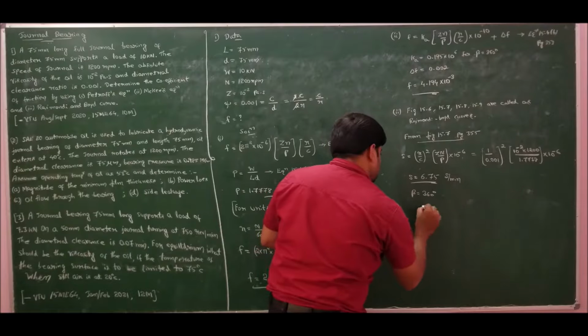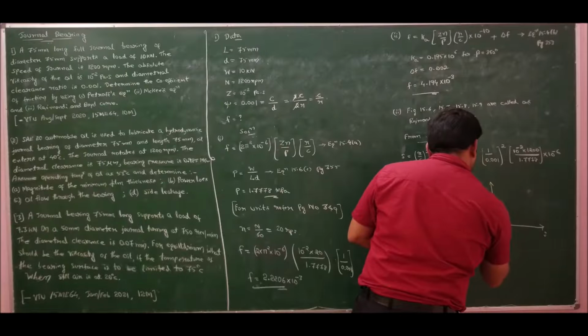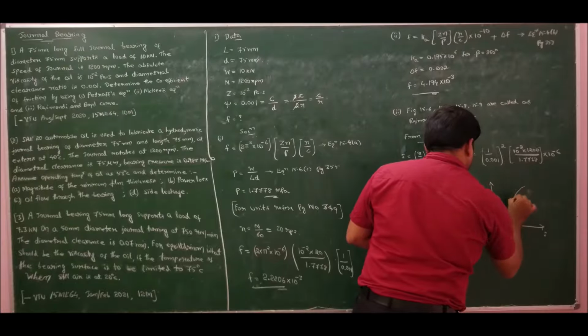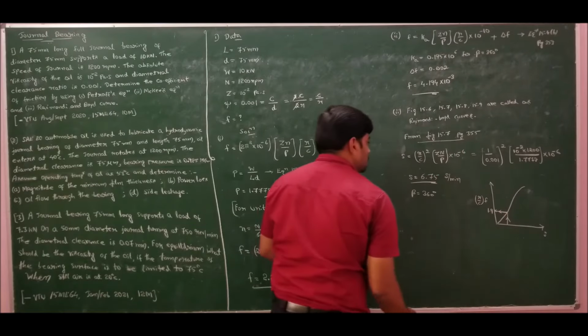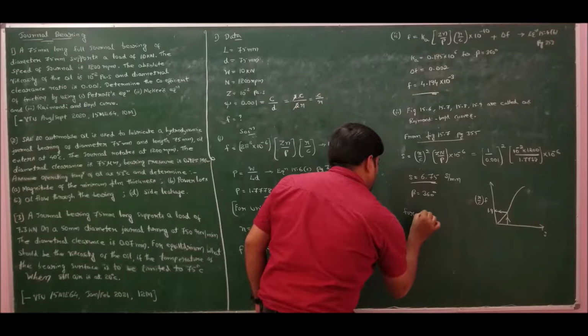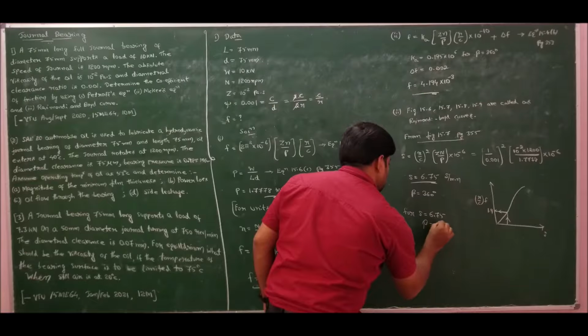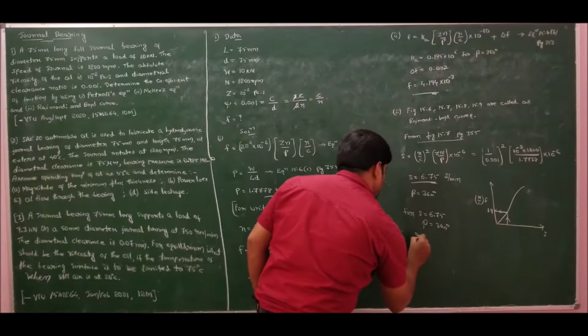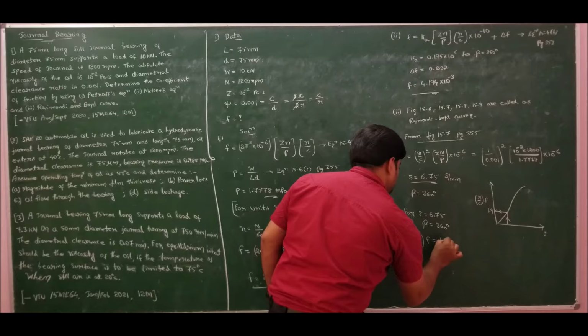Hence if I intersect the graph, S versus R by C into F, which is dimensionless, with the values of beta, I intersect for S equal to 6.75 and beta equal to 360 degrees, and I get R by C into friction as 1.9 from the graph.